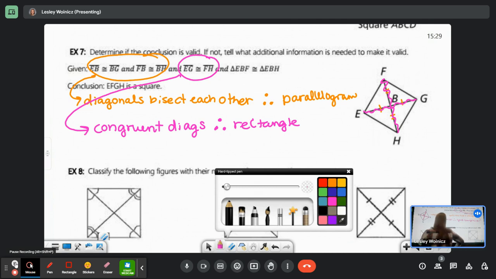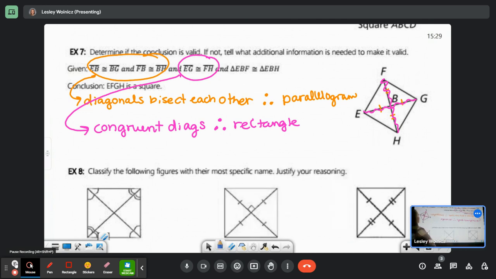Okay, last piece of information. We know that triangle EBF is congruent to triangle EBH. So if we know that triangles are congruent, what's true about their corresponding parts?